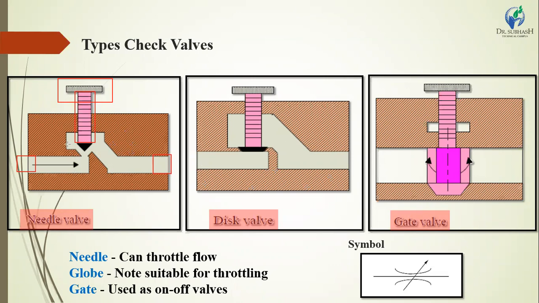Here this point is the needle. And here is the seat point. At the seat point, the needle can attach with the seat, close the portion and stop the fluid flowing through the valve.